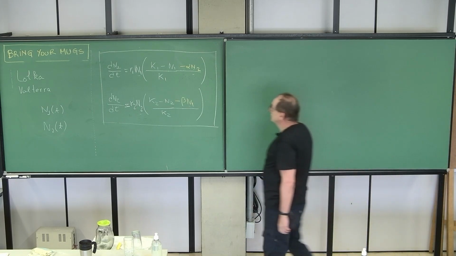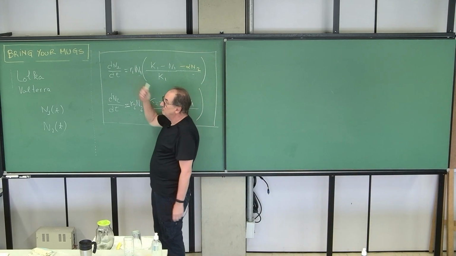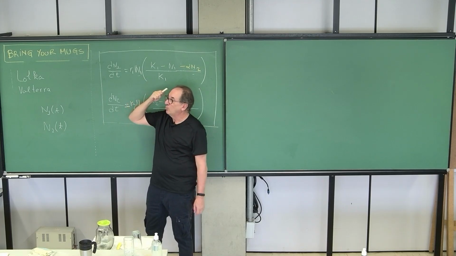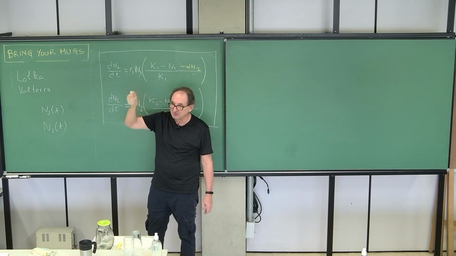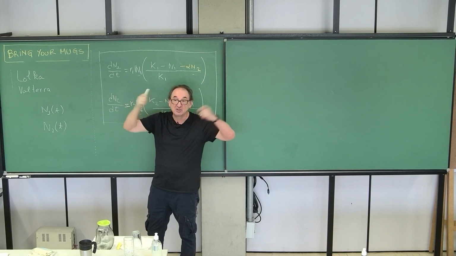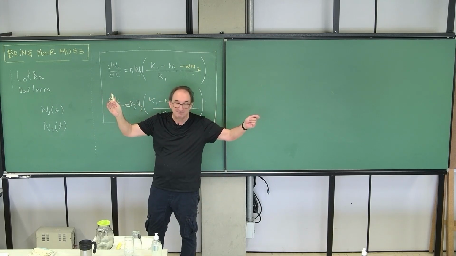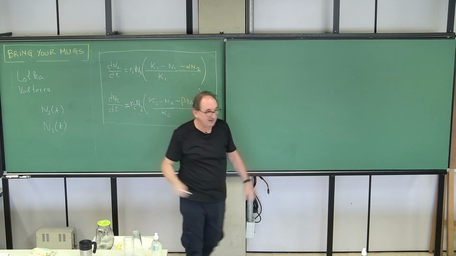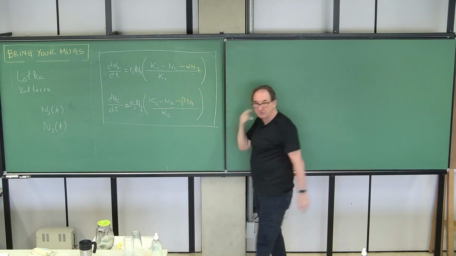And this goes, in this case, asking myself what are the values of n1 and n2 such that the population will not change. They will be in equilibrium. What are the values? These are called the fixed points.